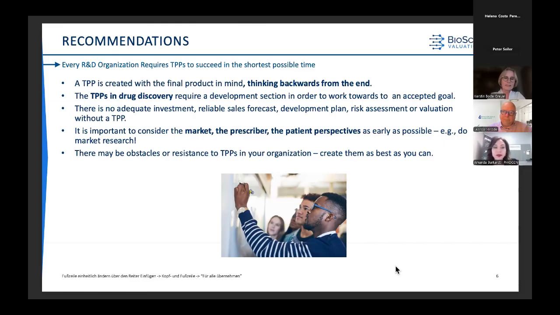Last but not least, I would like to mention something that was not, I think, mentioned before. Generating TPPs in an organization, mostly in pharma, but it may also apply to research, it may apply to any organization, has a political note, so to say.